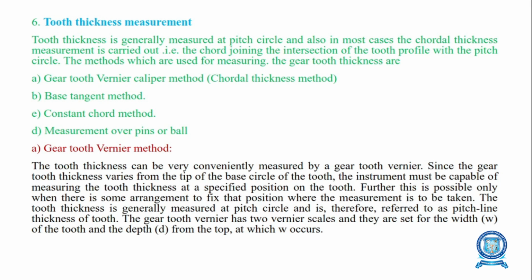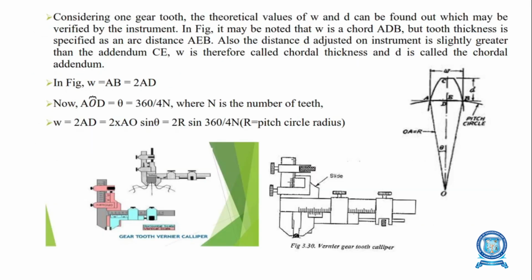The techniques are: gear tooth vernier caliper, base tangent method, constant chord method, and measurement over pins or balls. The first one is the gear tooth vernier caliper method. This is the diagram for the gear tooth vernier caliper, and this is the process of gear tooth vernier caliper measurement.